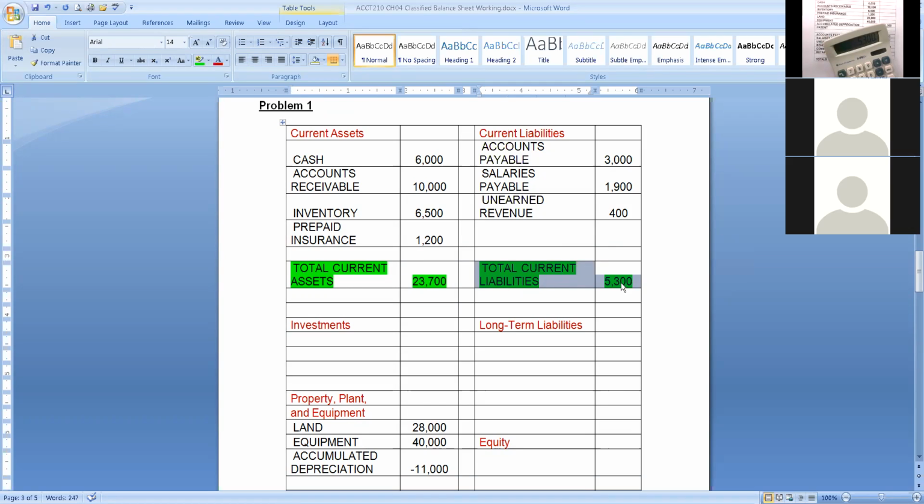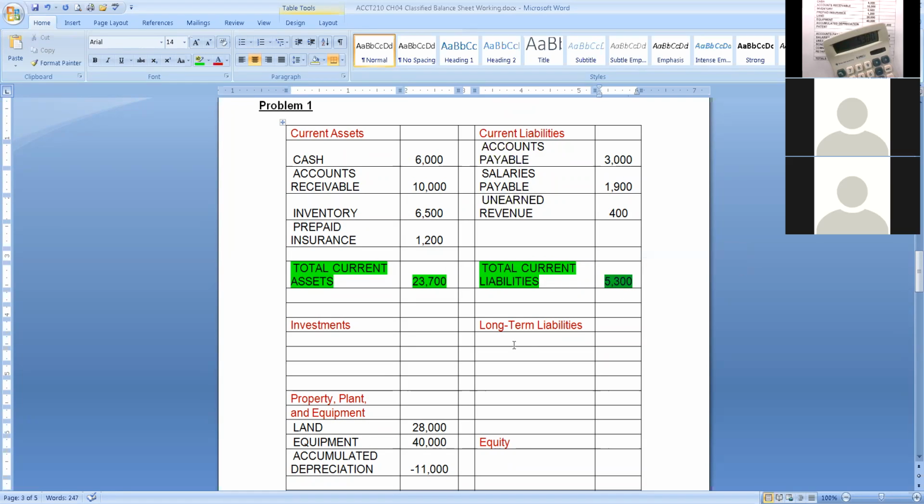So that's what we're going to have to pay as we owe for the next year. So the question is, does it look like we're going to last at least a year? Well, yeah, because we think these are going to be turned into cash within 1 year, and these are the things we're going to have to pay off in a year. So yeah, we have 23,000 to pay off 5,300.